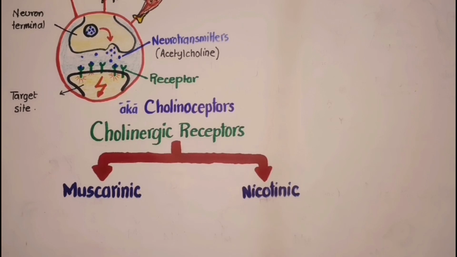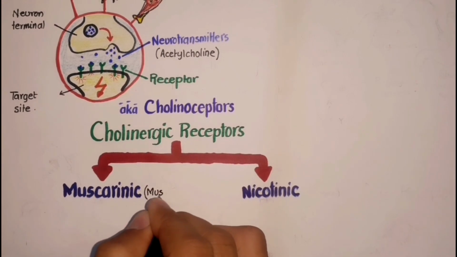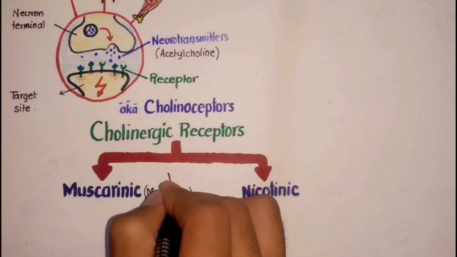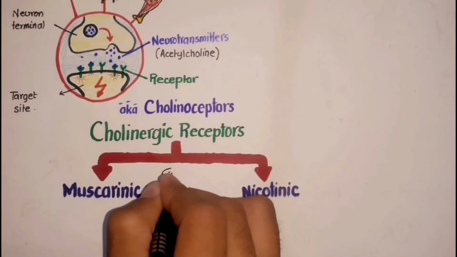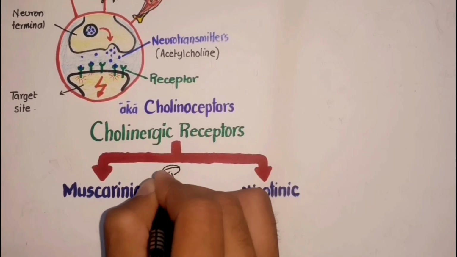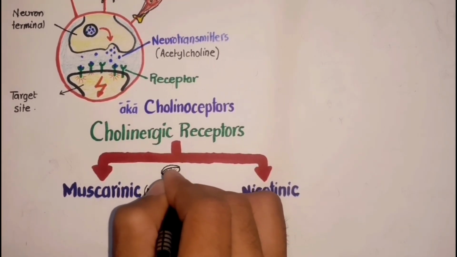So here, let's first talk about the muscarinic receptors. Well, these receptors are called muscarinic because of their high affinity for muscarine beside acetylcholine. Muscarine is an alkaloid of some poisonous mushrooms.